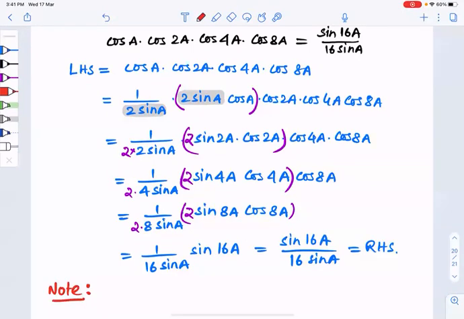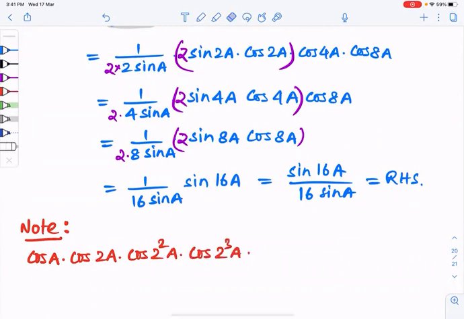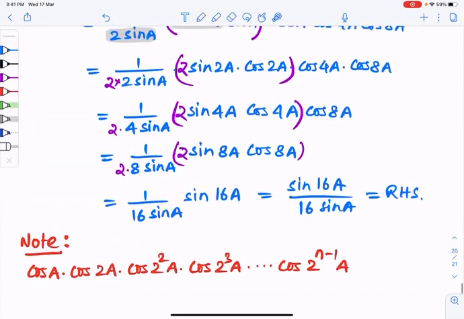I can write like this. It is cos A into cos 2A into cos 2 square A into cos 2 cube A, and so on, up to cos of 2 to the power n minus 1 A. If we have such an expression, every time the angle is becoming double of the previous.